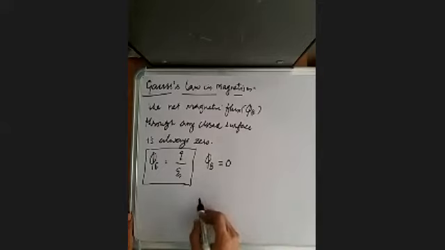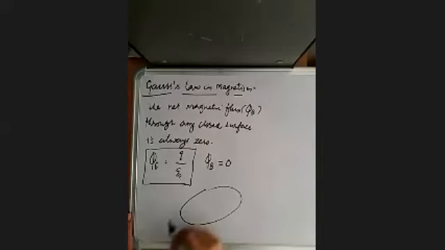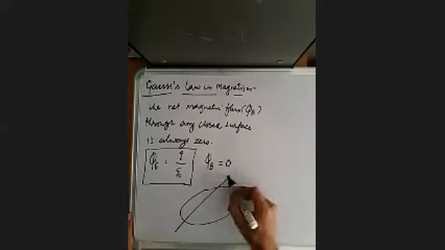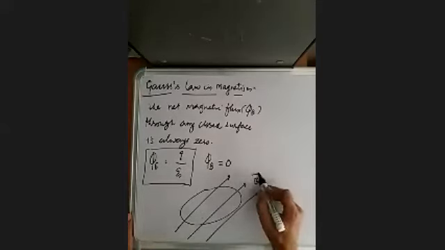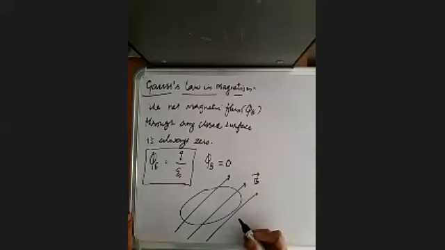Suppose we have some closed surface, take any surface. So this is a closed surface. This is placed in a magnetic field B. Okay. Now let us take a small element of this closed surface, call it delta S. So S is a closed surface and delta S is a small element of this closed surface.